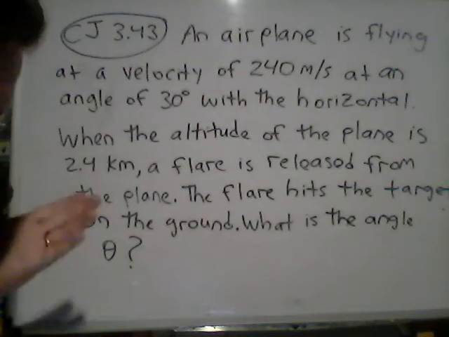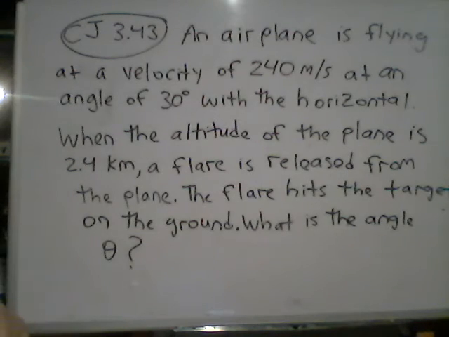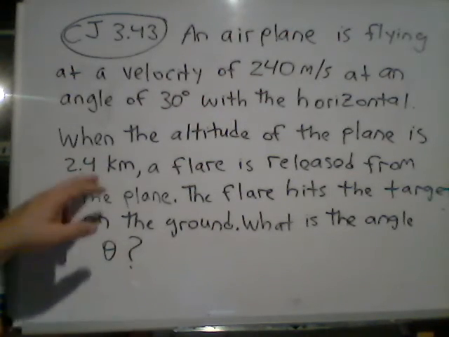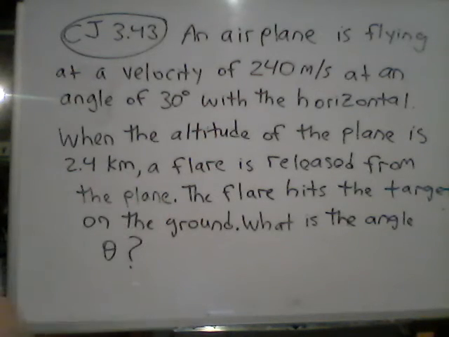I will draw this. And then it says it's going to release a flare. That's essentially going to drop a projectile when it has an altitude of 2.4 kilometers, and it's going to hit the target on the ground. We want to find out what there's a particular angle theta.